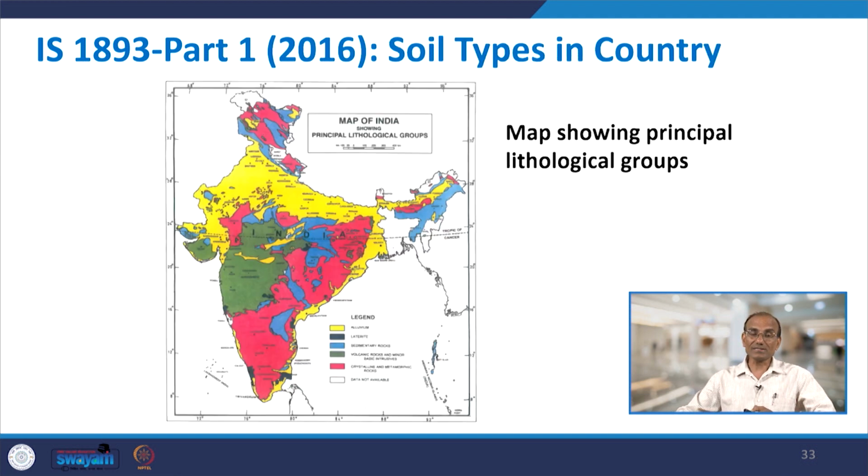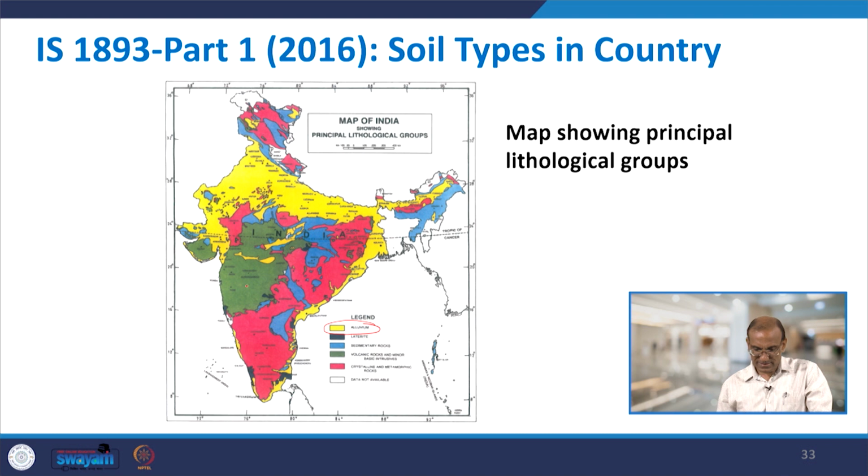Now, this code also has one map, which is approximate, not very accurate, showing in general the principal lithological groups in our country. You could see the yellow in this region is alluvium soils, which is the Gangetic belt, and these are liquefiable soils. Then in the southern part of the country, you have crystalline metamorphic rocks.